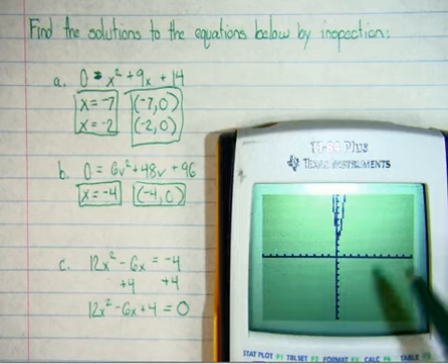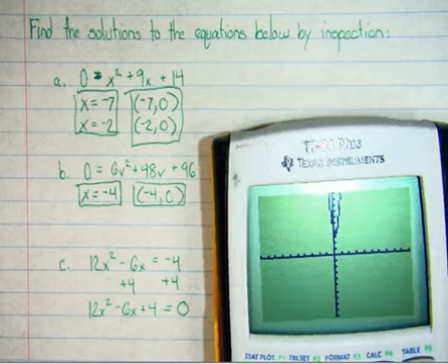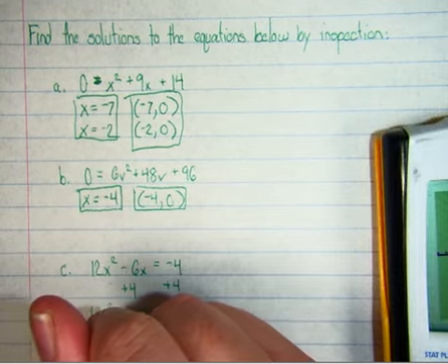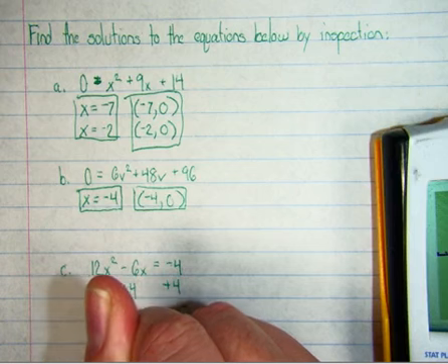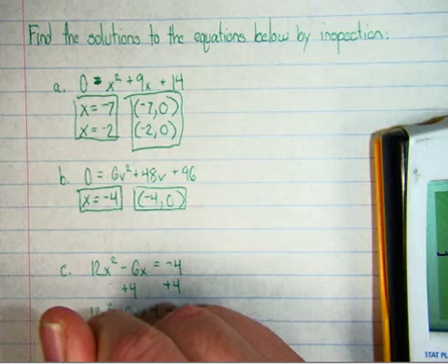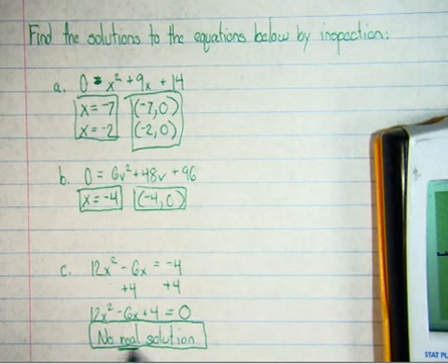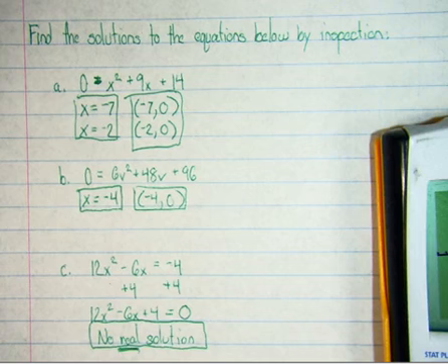So there's no more looking to be done here. Since this doesn't cross the x-axis, it doesn't have any x-intercepts, there is no real solution to this problem. Now, notice that that doesn't mean there's not any solution ever. It means there's no real solution. We will have what we call imaginary solutions. We're not going to go down that rabbit hole just yet. Alright, so there is how you can solve these quadratic equations by inspection.